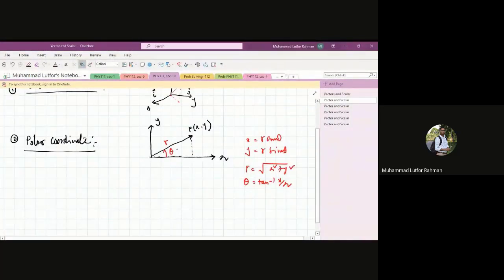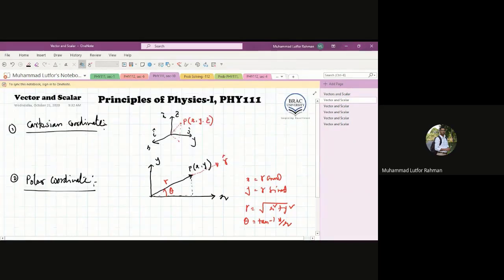Now the unit vectors for this polar coordinate system. Remember, the unit vector r hat is in the direction of vector r, or the increasing direction of r. Look at this: when we use i hat, we go towards the increase of the length x, either in that direction or towards the negative x direction. That is the direction of the unit vector.